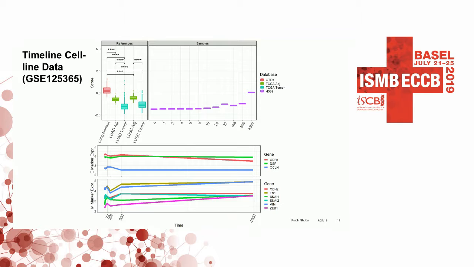In the two bottom graphs, the top graph is epithelial marker expression, the bottom graph is mesenchymal marker expression. You can see a small decrease in epithelial marker expression and a small increase in mesenchymal marker expression, which relates with the small increase in mesenchymal character that our score shows. So that does hint that our score does actually show us an EMT phenotype occurring.